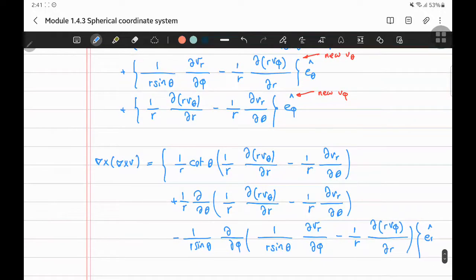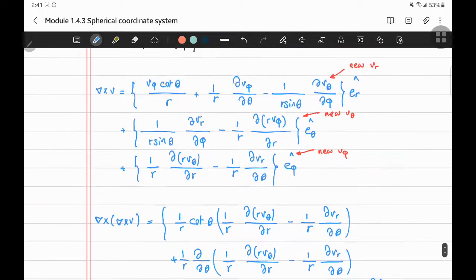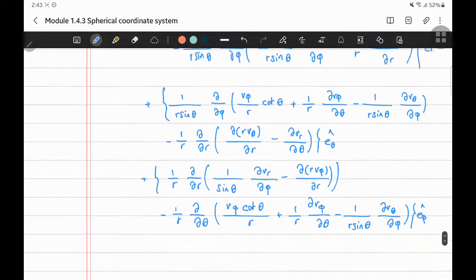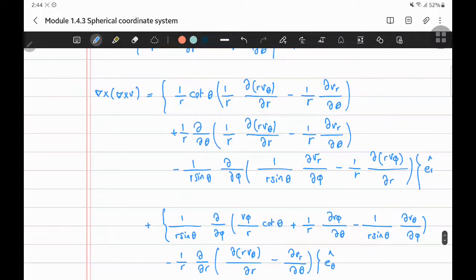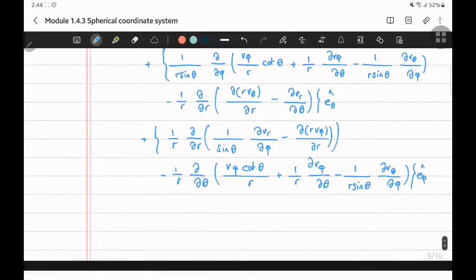So I pause the video and substitute this new VR, v theta, and v phi into my expression. So now I have completely my equation for the curl of curl v here. I call this maybe 10.